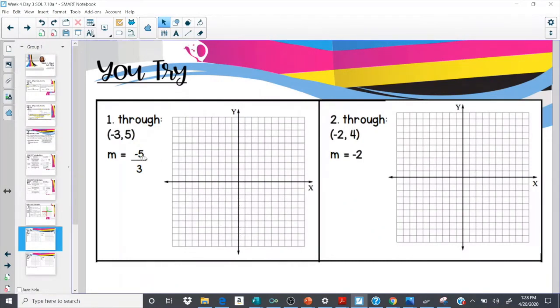So your directions will be 5 down. You're going to go down 5. And then here, remember, if you have a whole number, put that whole number over 1. Turn it into a fraction, and then find your directions.